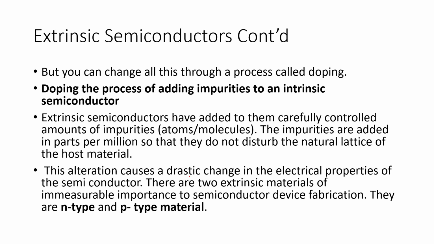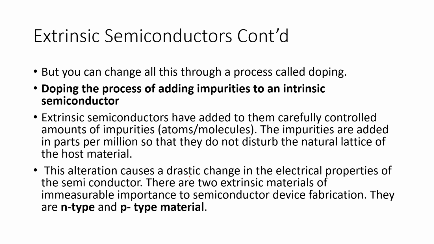Now, when we do this, it says that this alteration causes a drastic change in the electrical property of the semiconductor. Now, it says that there are two extrinsic materials of immeasurable importance to semiconductor device fabrication.